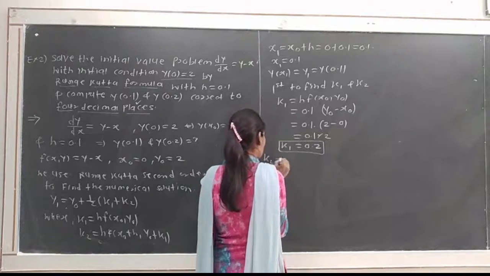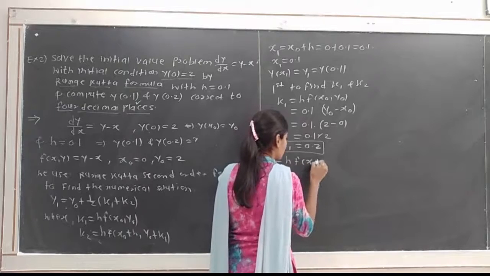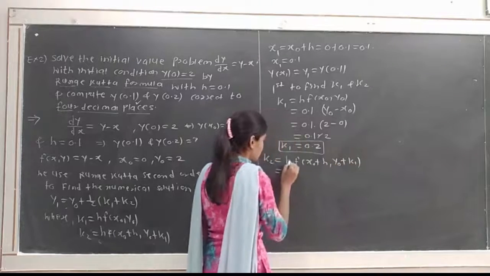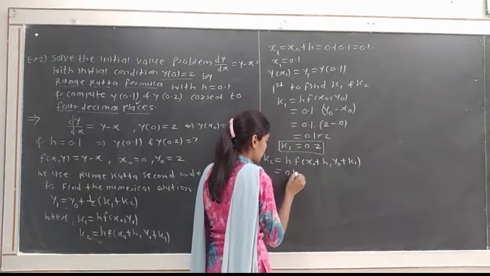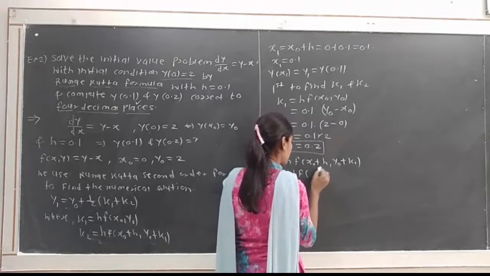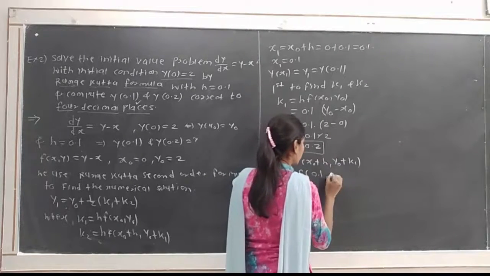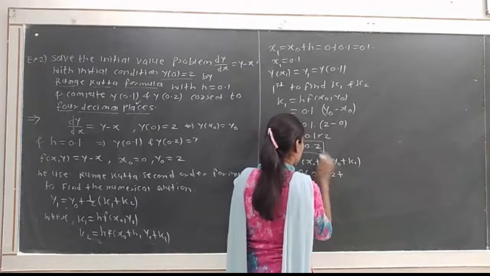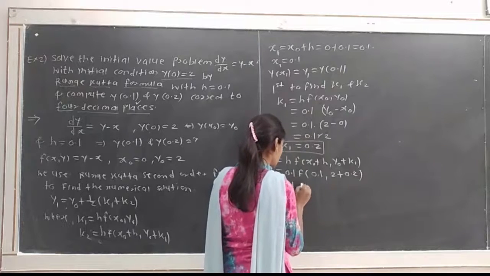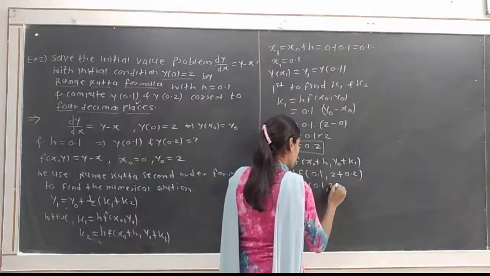Next, to find k2, the formula is h f of x0 plus h comma y0 plus k1. Putting in the values, h is 0.1, f of x0 plus h, where x0 is 0 and h is 0.1, so 0.1 comma y0 which is 2 plus k1 which is 0.2. So we get 0.1 f of 0.1 comma 2.2.